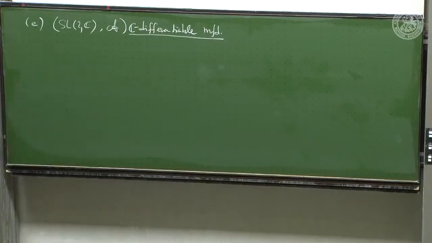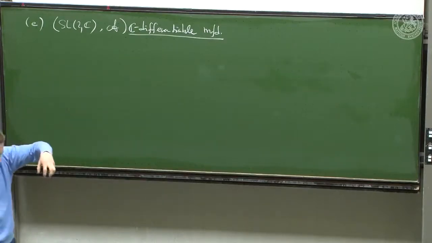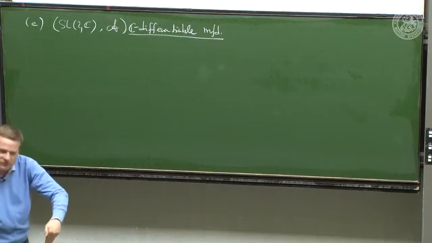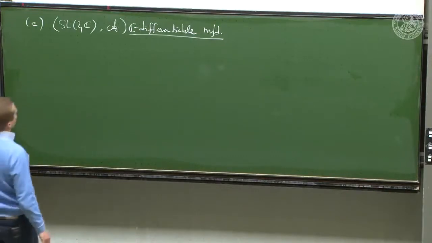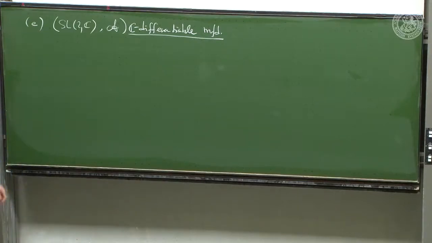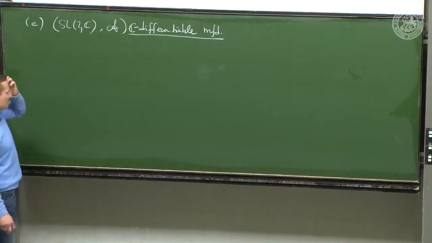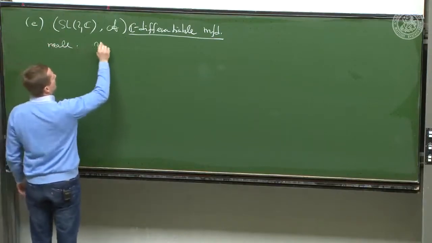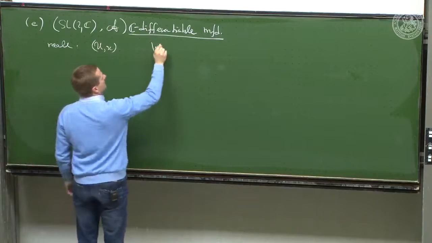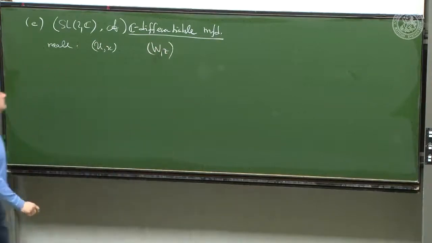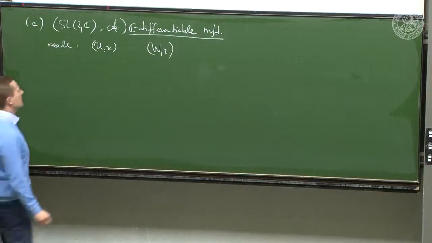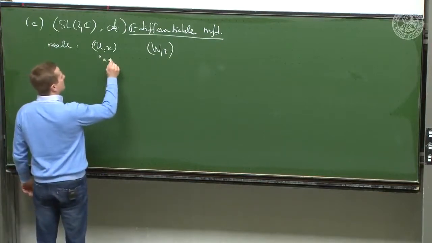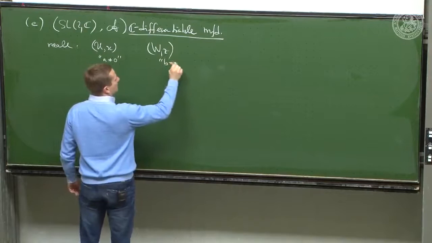So far we constructed maps from the manifold into charts. But in order to do differentiability, we need to see whether the charts we have chosen allow smooth or C-differentiable transition maps. We recall that we had charts UX and WZ, one to do with A non-zero, and the other with B non-zero.